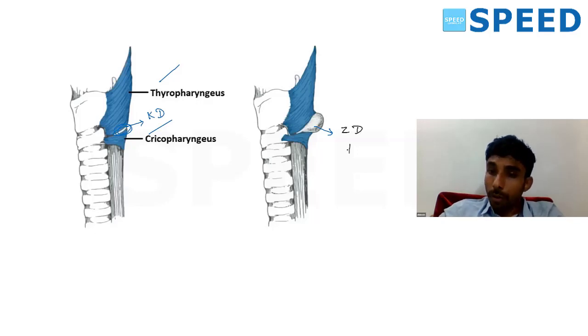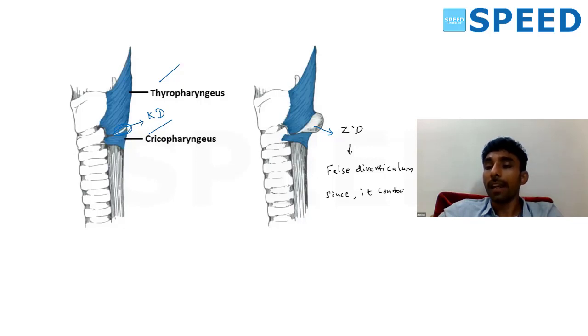Okay. So remember, this Zenker's diverticulum is a false diverticulum. It is not a true diverticulum. It is a false diverticulum. Because this herniation contains only two layers. It contains only mucosa and submucosa.